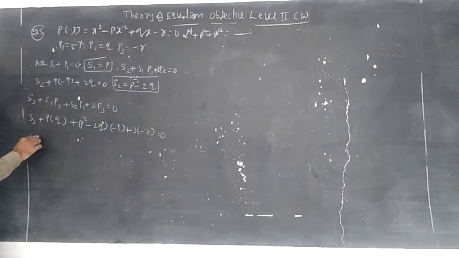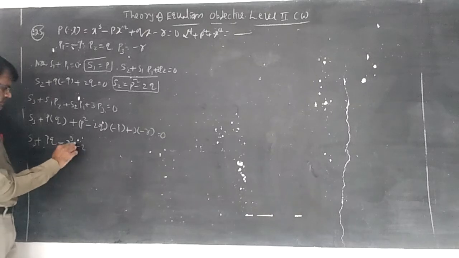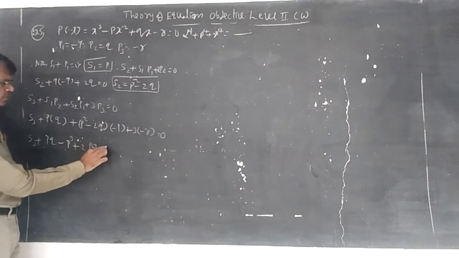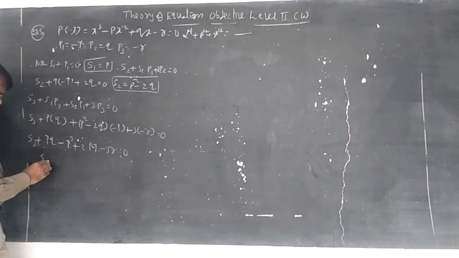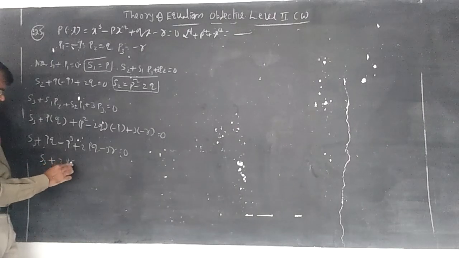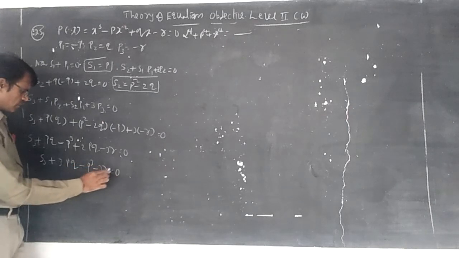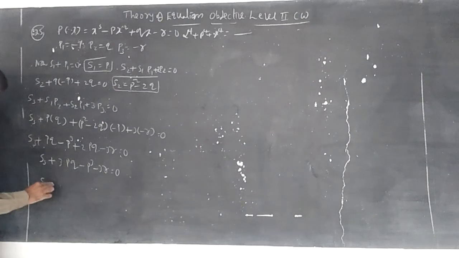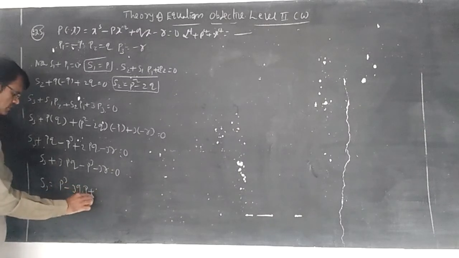So S3 plus PQ minus P cube plus 2PQ minus 3R equal to 0. Now PQ plus 2PQ becomes 3PQ. S3 is equal to, if the terms taken that side, P cube minus 3PQ plus 3R.